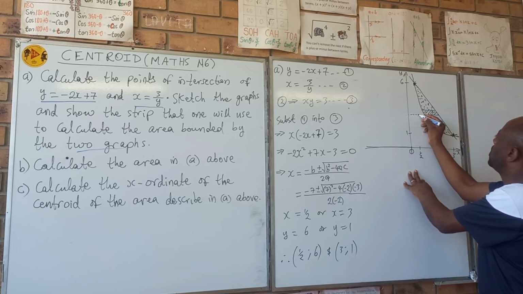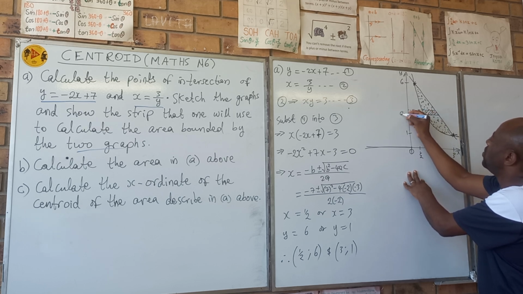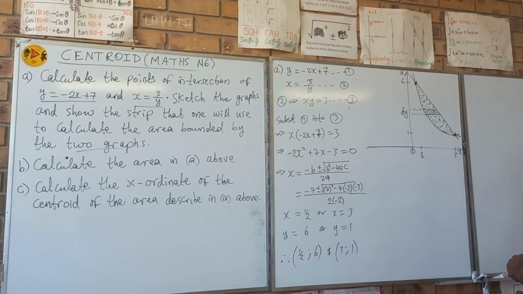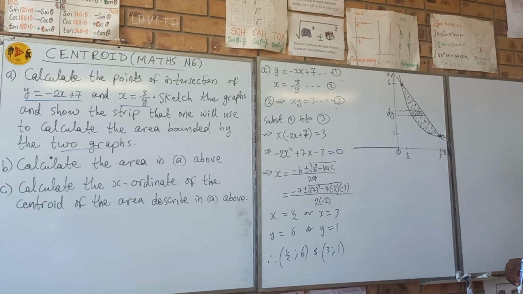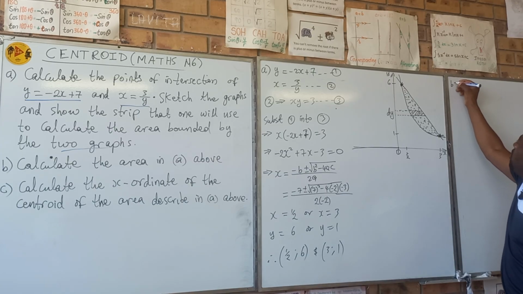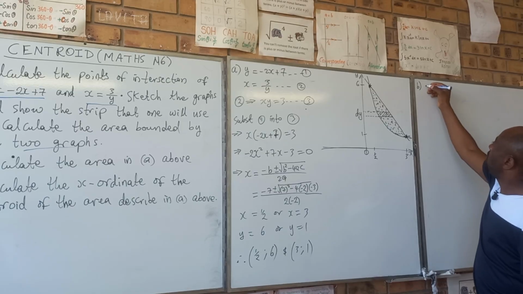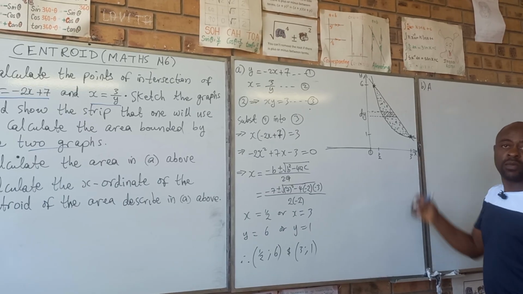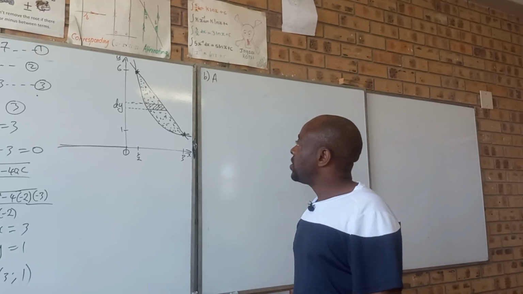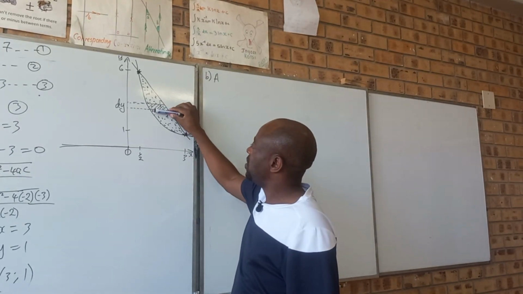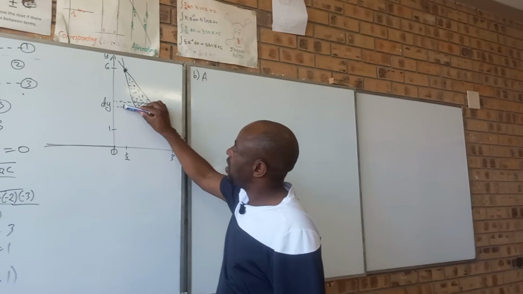So if I extend this strip out of the shaded portion, it takes me to the y-axis. So putting my dy there is just reminding me that if I go to the b part of the problem, which requires me to calculate an area, my area must start from A1. As I was saying, once I put my horizontal strip, it's always important to extend it out of the shaded portion.